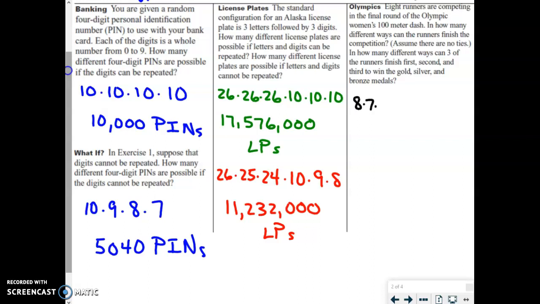So this would give us 8 times 7 times 6 times 5 times 4 times 3 times 2 times 1, which would give us a grand total of 40,320 unique ways of finishing that race.